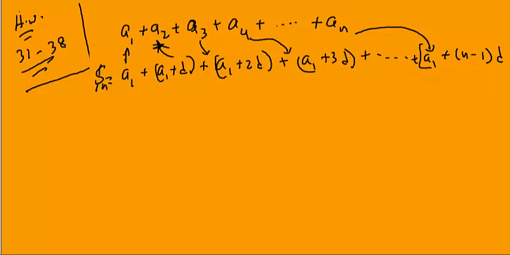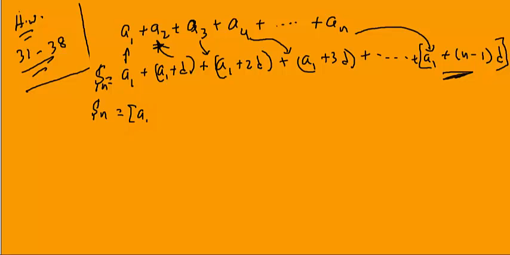Now we just can't keep doing that, so there's a way to condense this. If we take S sub n again and we write this whole thing backwards, this one goes to the front. It still will be the same, it doesn't matter if you write forward or backwards.